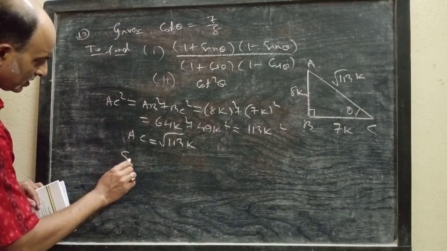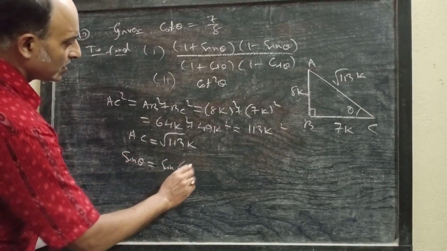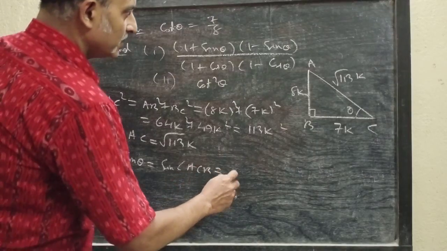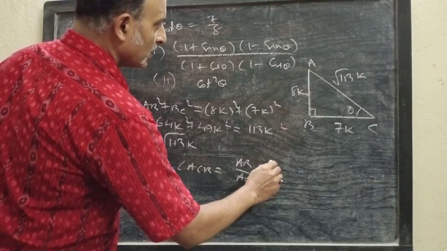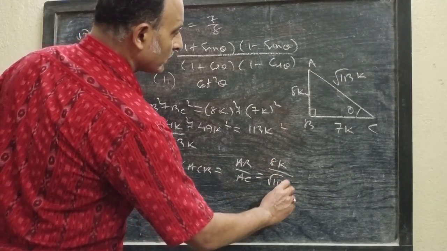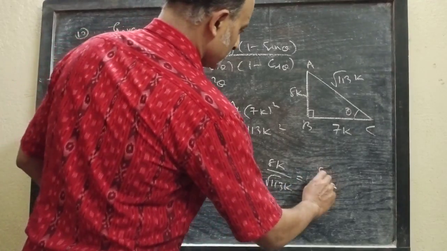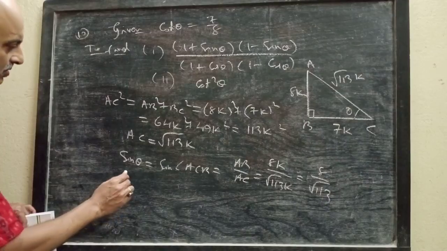Now you have to find two ratios, sin theta and cos theta. So your sin theta will be sine of angle ACB. This will be AB by AC. AB is 8K, AC is root over 113K. So this becomes 8 by root over 113. Next cos theta.